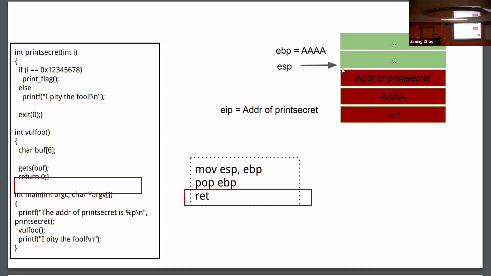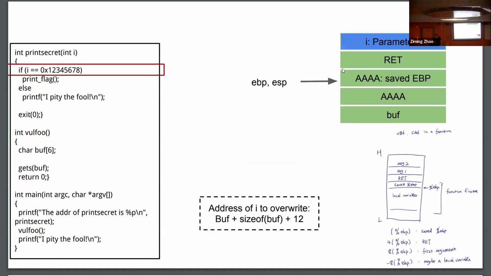So the parameter I will actually add at this address, then the return for this function, print secret. The parameters here, return address is here. This value, you will treat it as the saved EBP. The value doesn't matter anymore, right?